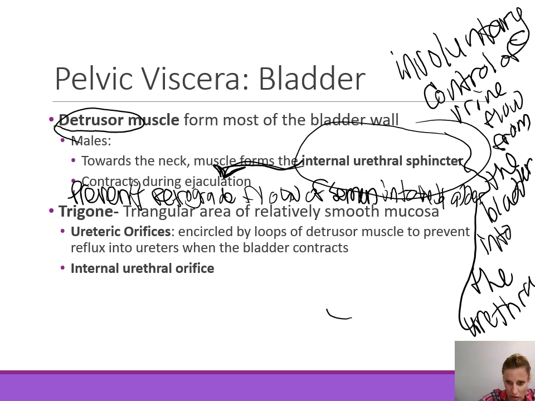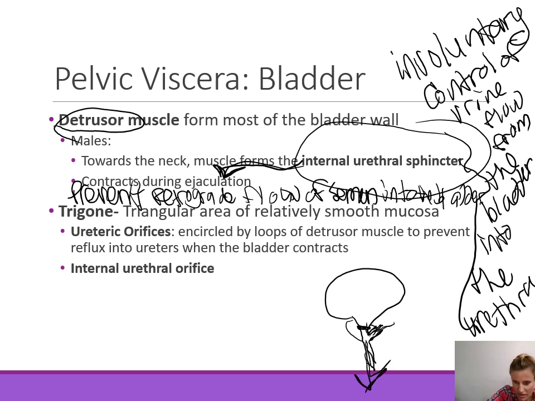But you have the bladder, and the urethra passes through the prostate gland. And then remember, in the prostate gland, there's the ejaculatory duct that merges with the urethra. So the internal urethral sphincter is up here. And what happens is the semen comes through the ejaculatory duct, and we want it to go down the urethra.